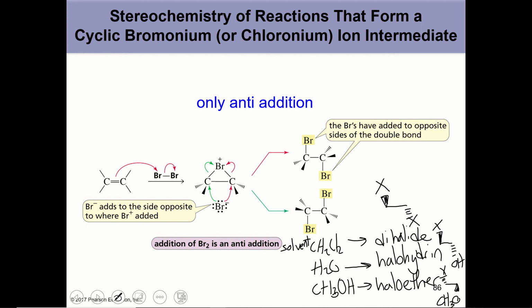So the halogen initially adds SYN, and then the nucleophile, whether it's bromide, water, or methanol, is going to add anti to that halogen that formed the halonium ion.